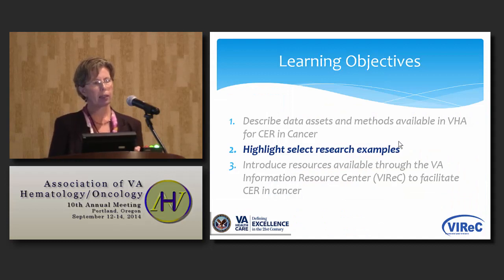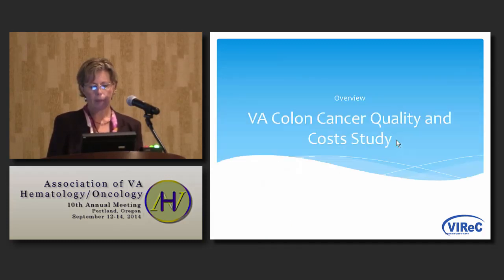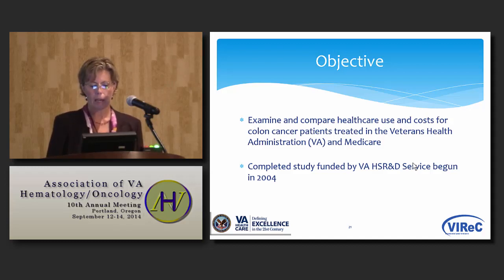I would like to highlight just one research example to show you how some of these data assets can be integrated. It's not a real recent study, but it's a study that's been going on for a long time. It's called the VA Colon Cancer Quality and Cost Study. We actually had 4 aims that looked at healthcare use all the way to survival.